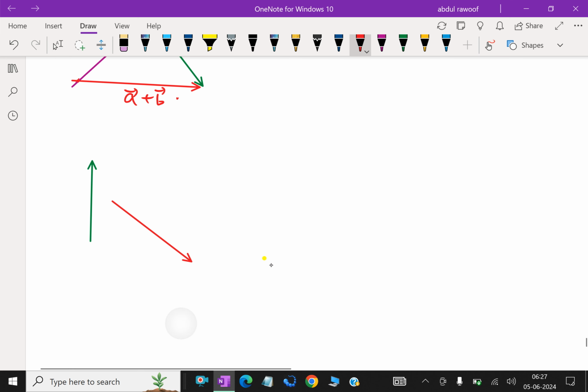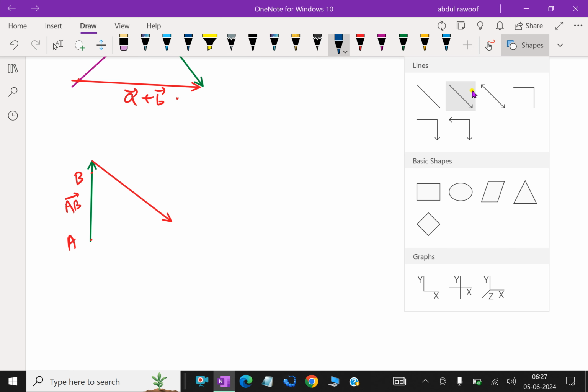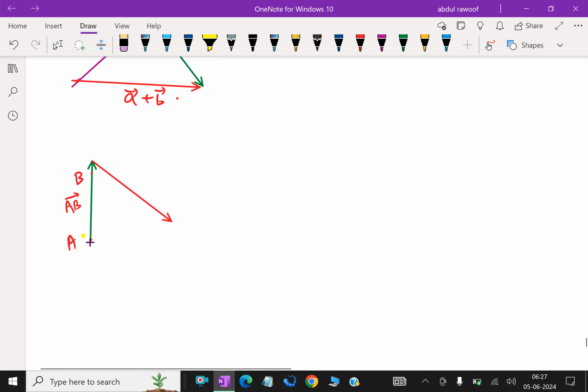Now, this point is A and this is B. This line represents vector AB. Now you have to add this vector AB to this red vector. So you have to connect this, and the final vector is here.